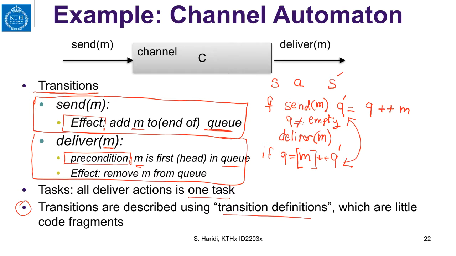Okay? And M will be the message that is going to be delivered. It is at the head of the queue. So that is basically the description. Even though you can see it as code, it is not really code. It describes this set of transitions.